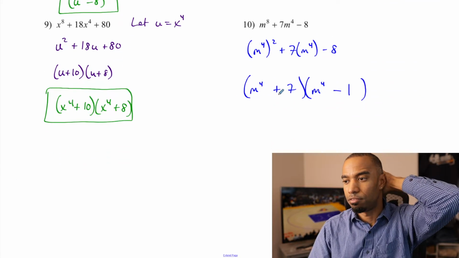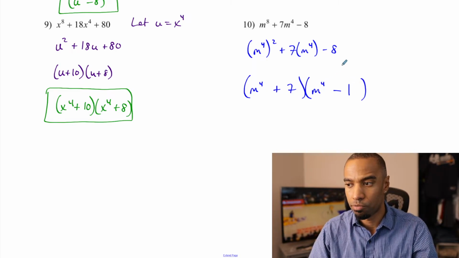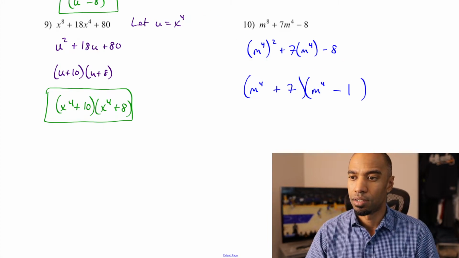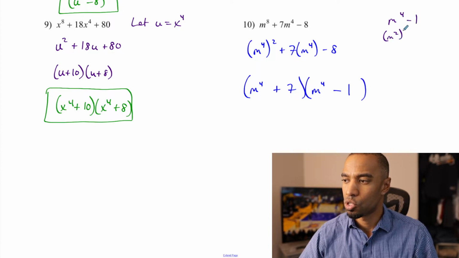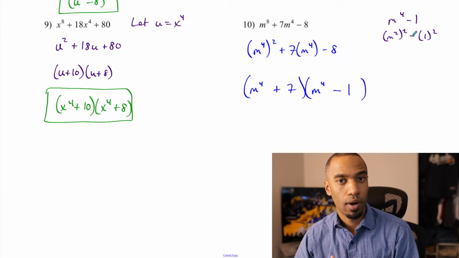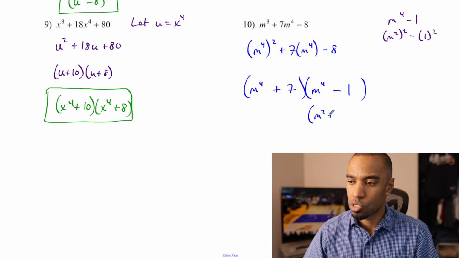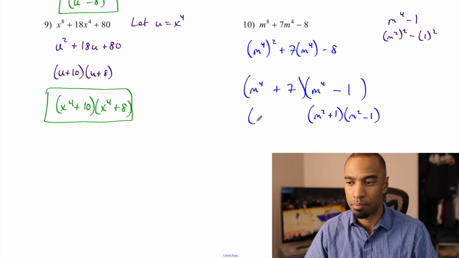We actually have that here as well. You see, 1 is 1 squared, and m to the 4th is m squared squared. Just as a side note, m to the 4th minus 1 is m squared squared minus 1 squared. This is a difference of two squares. This turns into m squared plus 1 times m squared minus 1. That's actually what that becomes there.